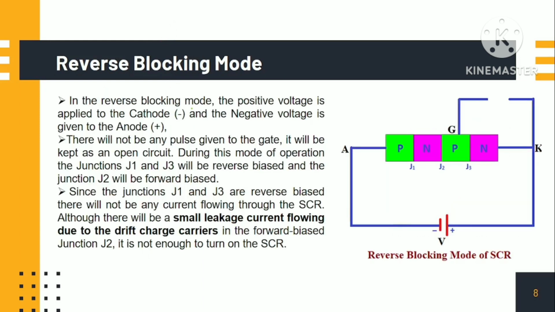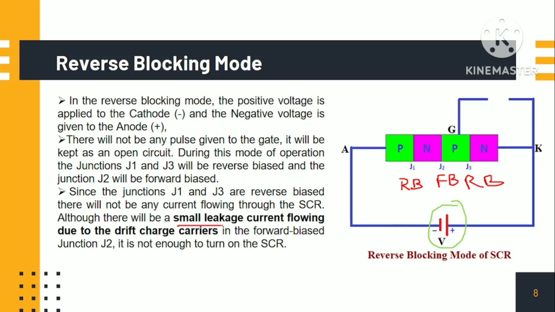And the third mode is called the reverse blocking mode, where the supply voltage is reversed. That means minus is connected to the anode and plus is connected to the cathode, where junction J1 is reverse biased and junction J3 is also reverse biased, whereas junction J2 is forward biased.